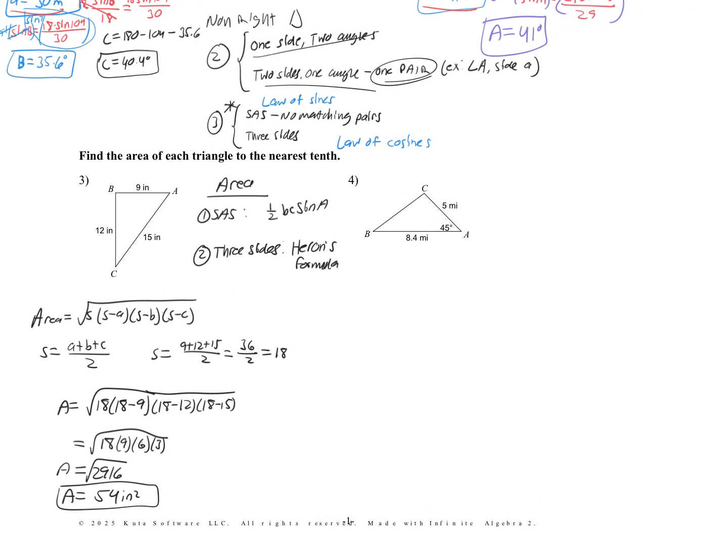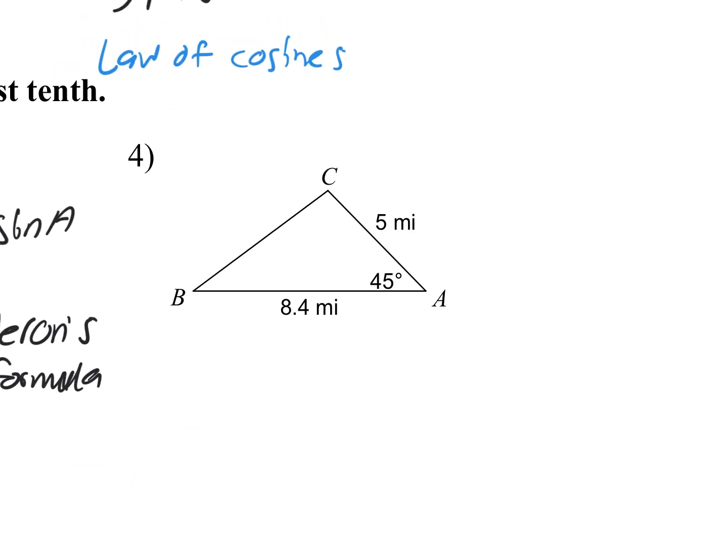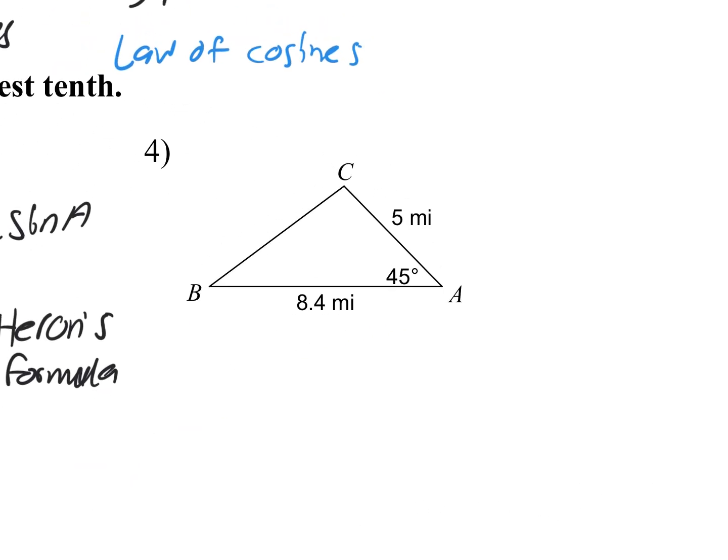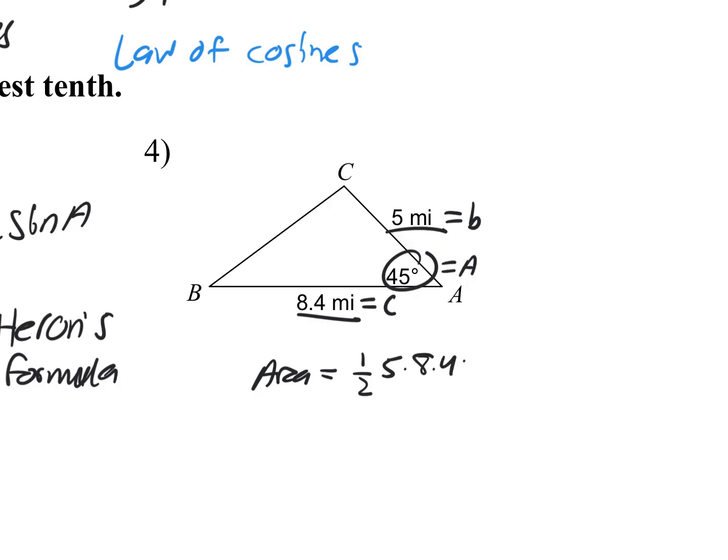Now if you look at the next one, it's another area problem. We're trying to find the area. Keep in mind now that I have a side, angle, and a side. If I have a side angle side, I would use 1/2 bc sine A. This 5 is going to be b, this 8.4 is going to be c, and this 45 is A. So my area is going to be 1/2 times 5 times 8.4 times sine of 45.